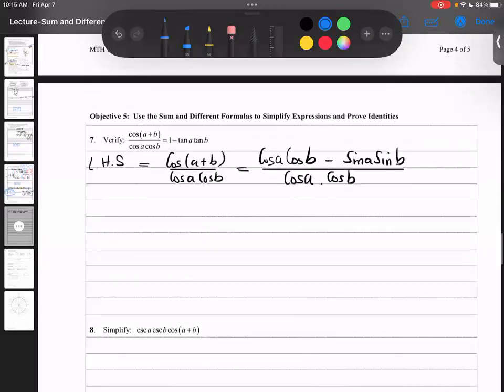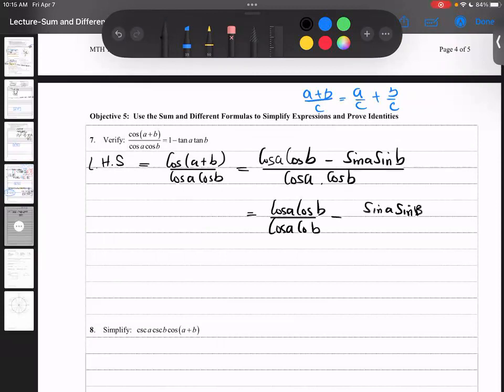If you have A plus B all over C, I'm going to do the same thing with my problem. I'm going to break it up into two fractions: cosine A cosine B over the common denominator cosine A cosine B, minus sine A sine B over cosine A cosine B.